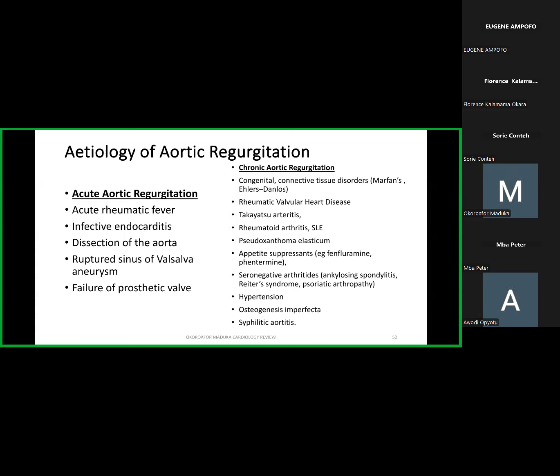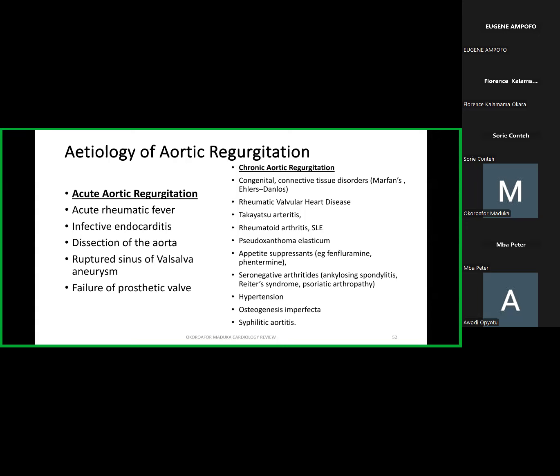Okay, so sorry about that. The etiologies of aortic regurgitation are numerous, as we can see, but worthy of note is that acute aortic regurgitation can range from acute rheumatic fever to infective endocarditis, dissection of the aorta, and you can also have ruptured sinus of Valsalva aneurysm.